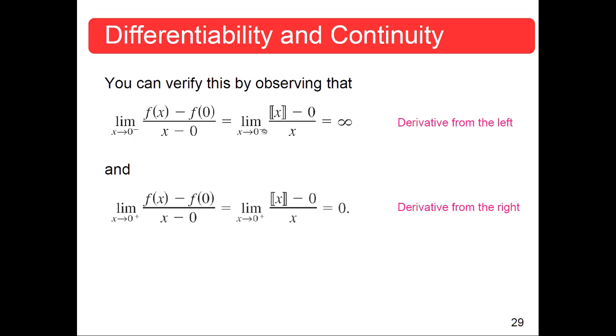The limit from the left here is the greatest integer less than x over x. Now let's think about this. As x is getting really close to 0 from the left, what is the greatest integer value going to be? Well, that's a negative number. The greatest integer less than a very small negative number is going to be negative 1.